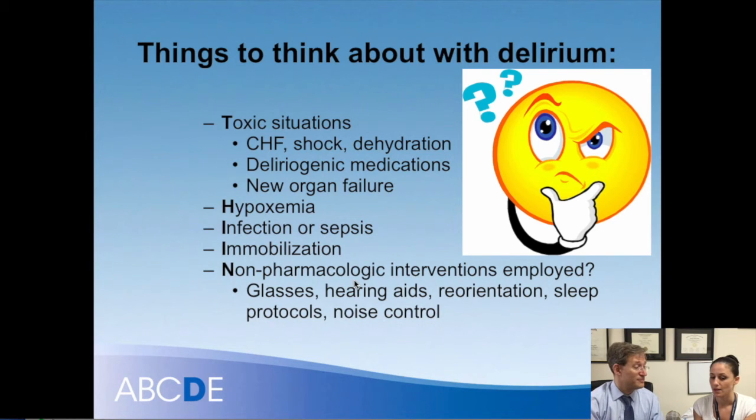Yeah. So basically, if a patient normally wears glasses or hearing aids, if they don't have them on, put them on. It'll help them to be able to see and hear. Decrease any loud noises around, or if we can control any noises such as alarms, shut them off when they're going off. And what's really important is to get the patients into a sleep-wake cycle, and that they would be in at home, awake during the day, sleeping at night without being disturbed.